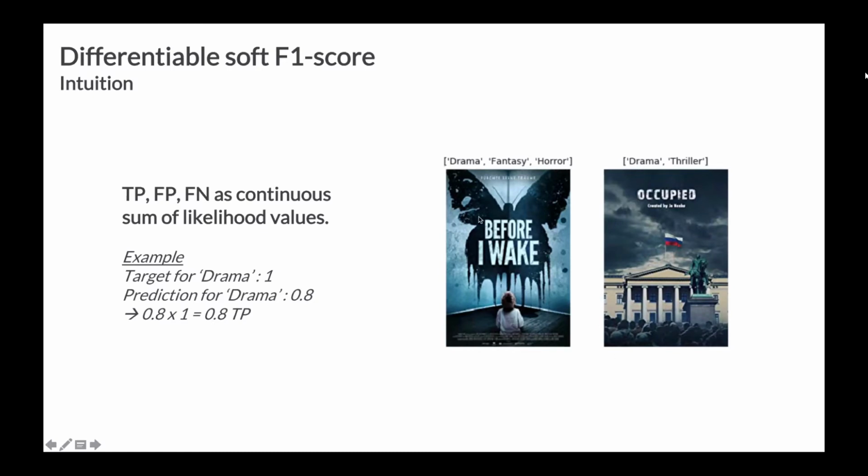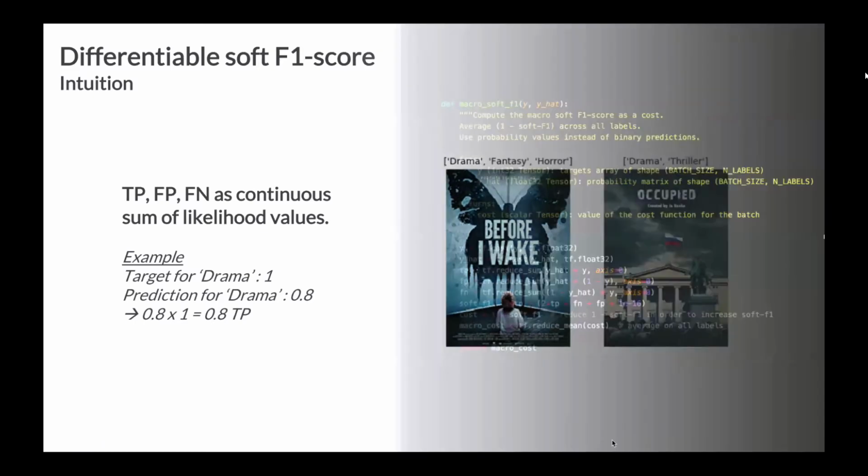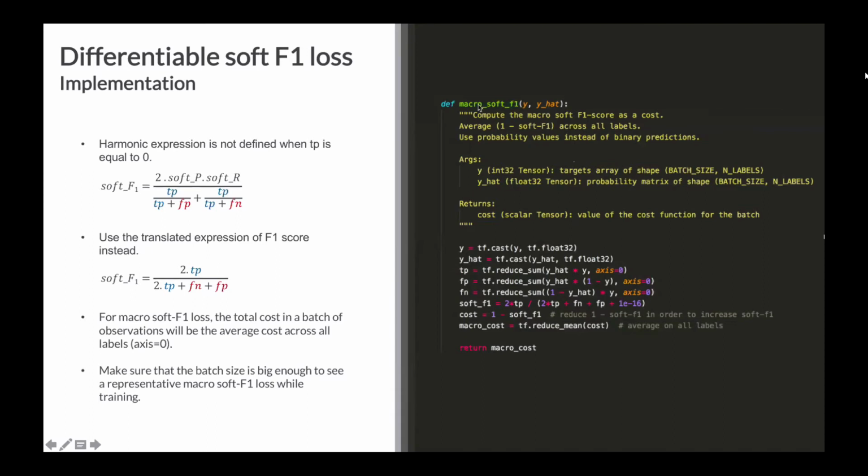So this data set, as I was saying, comes from the IMDb website, and it's available on the Kaggle platform. It's called Movie Genre from its Poster. Here I'm giving you an implementation of the soft F1 loss in the case of multi-label classification in TensorFlow.